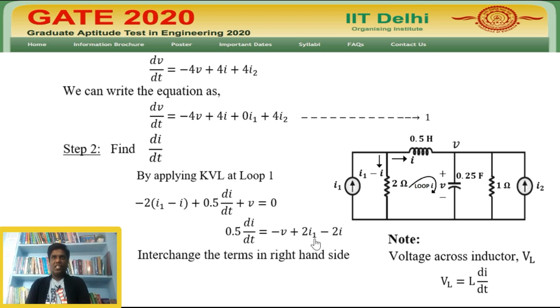Next, interchange the terms on the right hand side, plus 2I1 and minus 2I. Then the equation will be 0.5 into di by dt equal to minus v minus 2I plus 2I1. Next, shift 0.5 to the right hand side, where it takes the place of the denominator of minus v, minus 2I and 2I1.